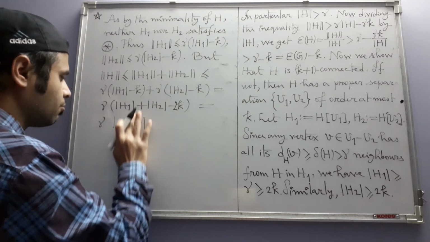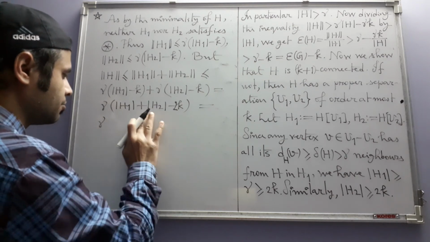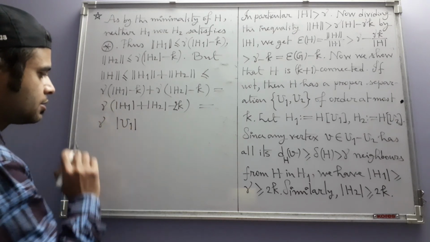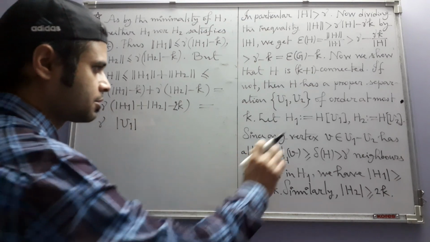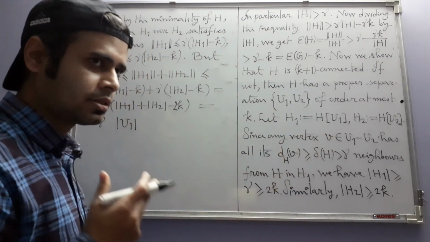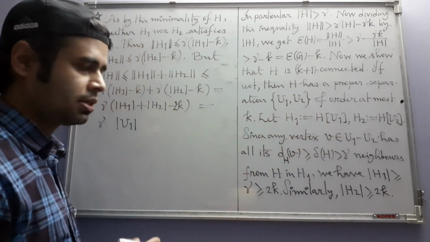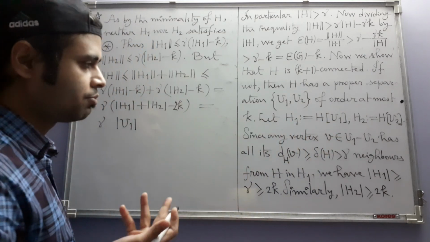Or if one wants, one can write this more simply like this. This is nothing but U1, because H1 is the subgraph induced by U1. So the number of vertices in H1 is the same as the number of vertices in U1.